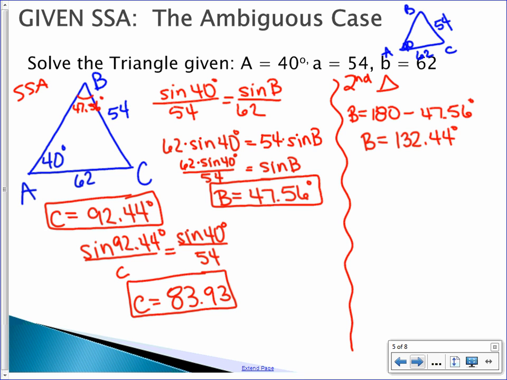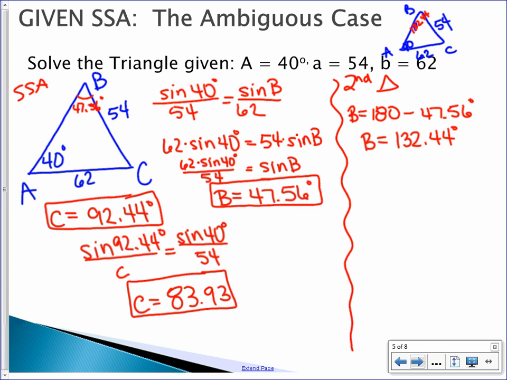And we know angle B is 132. Okay. So now we need to solve this triangle right here. All it is, we have another triangle to solve. It's kind of like having two problems in one, right?